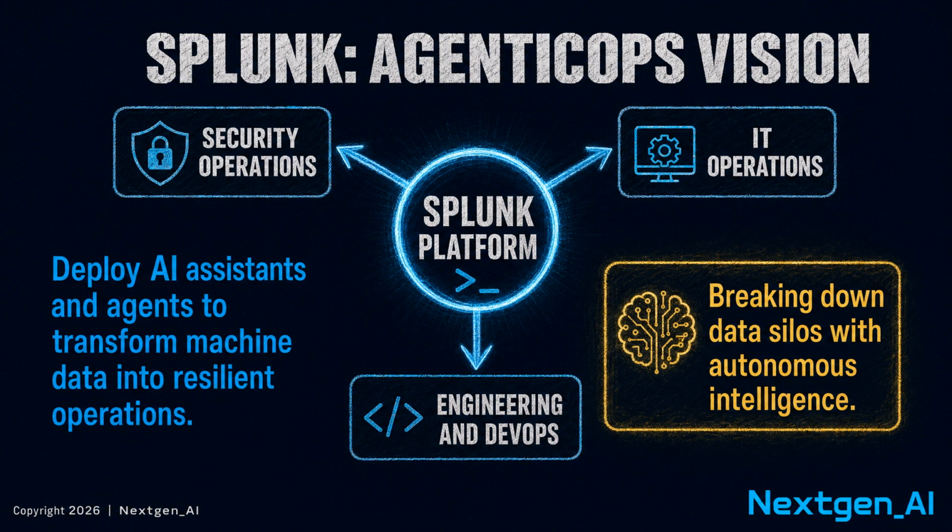Consider a critical production incident, a sudden latency spike in your authentication service. Instead of manually crafting complex searches across logs, metrics, and traces, a task that can take experienced engineers many minutes, you simply ask in plain English, "Why is my authentication service slow right now?"